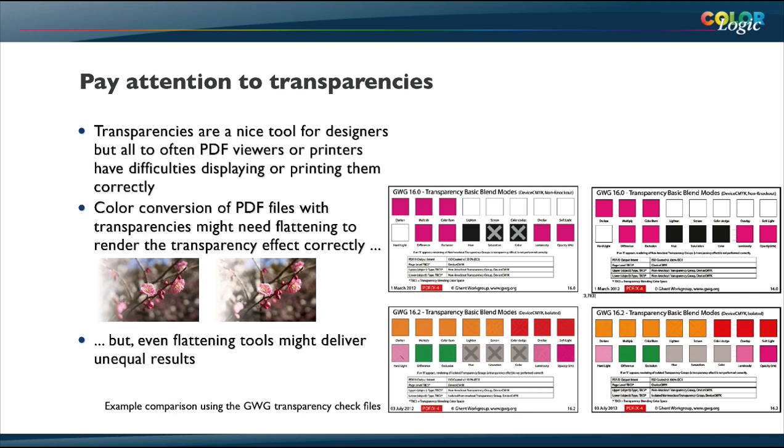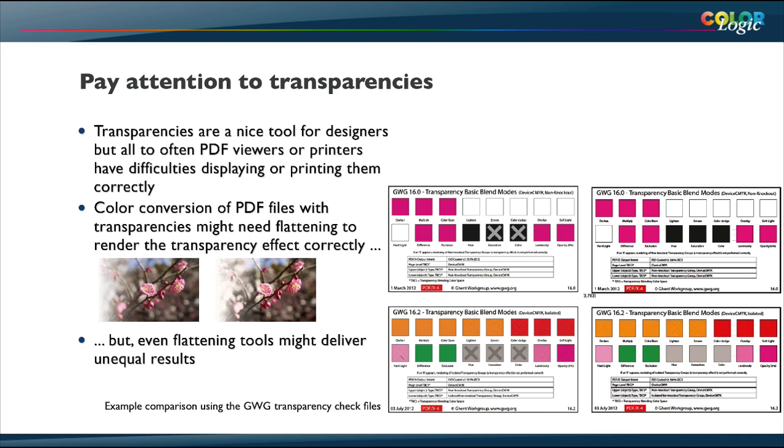The other thing is if you're doing color conversion on PDF files, because you are converting to a CMYK and then you are repurposing to your final CMYK, basically. You're doing a CMYK to CMYK color conversion with a PDF document with transparencies. Keep in mind that you probably need flattening to render a transparency effect correctly. Otherwise, you might end up with those things. For example, here there is a hard line to be seen where this transparency effect starts to make this image lighter.